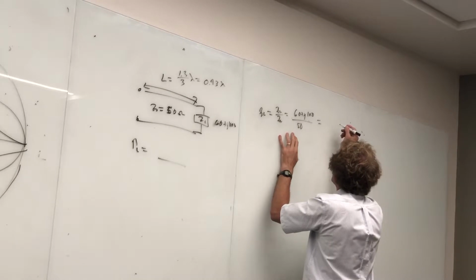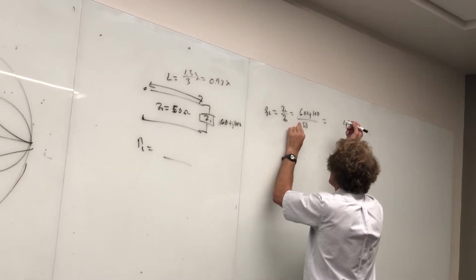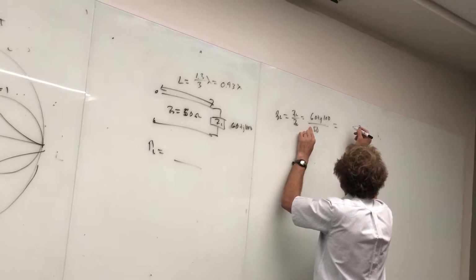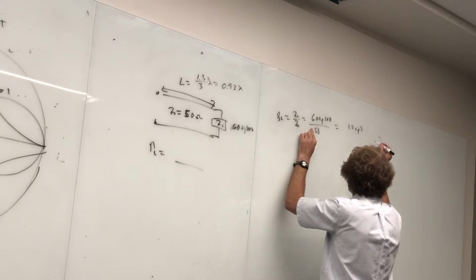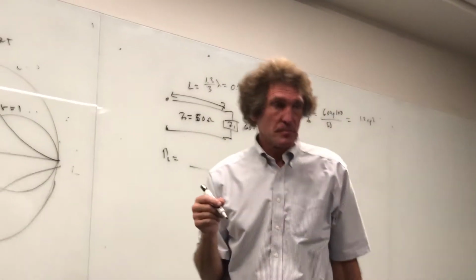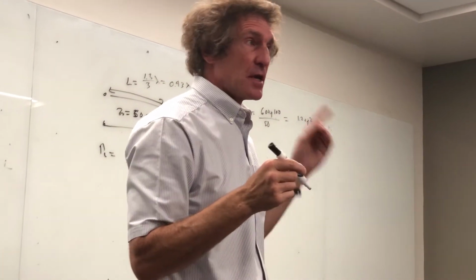So here I'm going to get 6 over 5, or really 12 over 10, or 1.2 plus J2. You all see that? Are you with me, everyone? Now follow me on this.